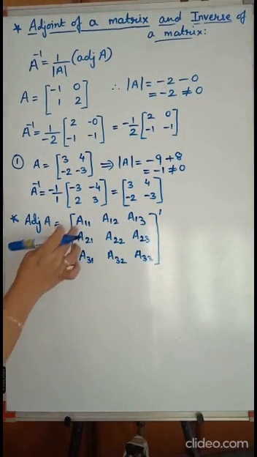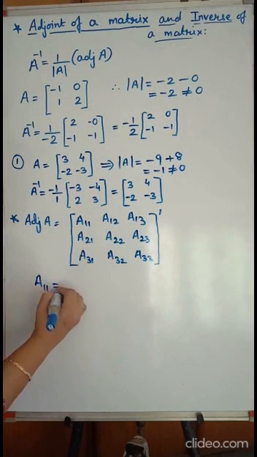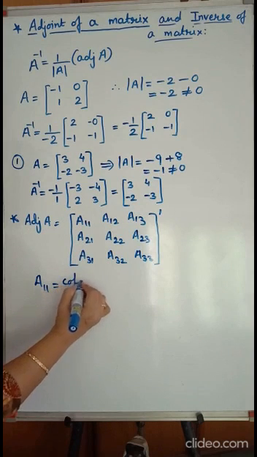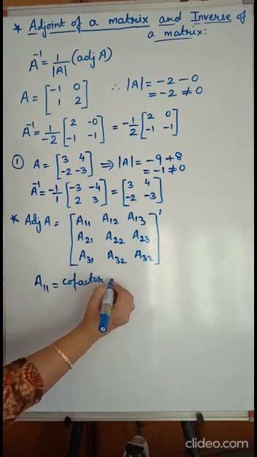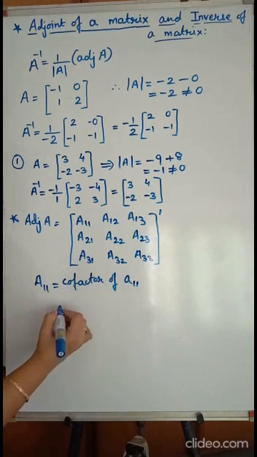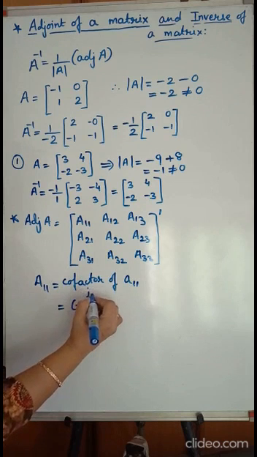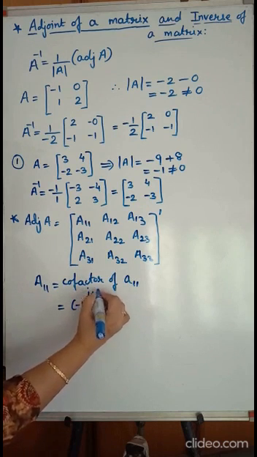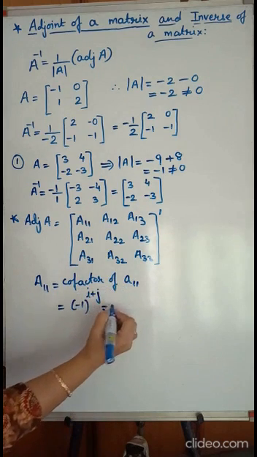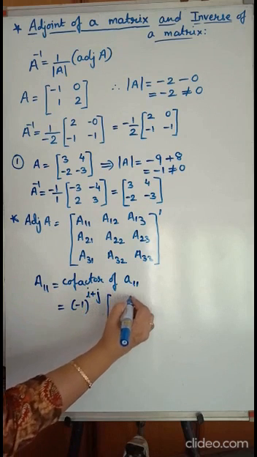I'll explain to you. What is A11? A11 is the cofactor of an element at A11. What is this? It's minus 1 to the power i plus j. Here it is minus, and it's minor.